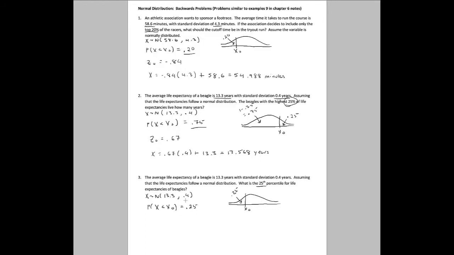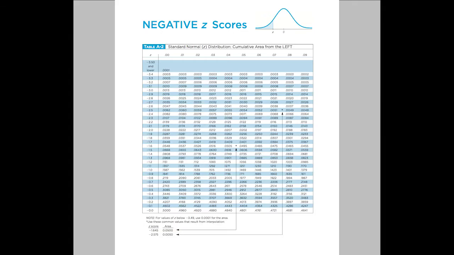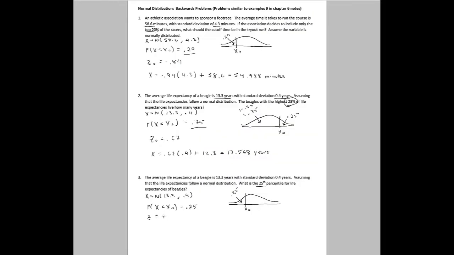So I first need to find my Z naught value. So we look for 0.25, and the closest value to that is the 0.2514. 0.2483 is a little further away. So negative 0.67 is my Z naught.